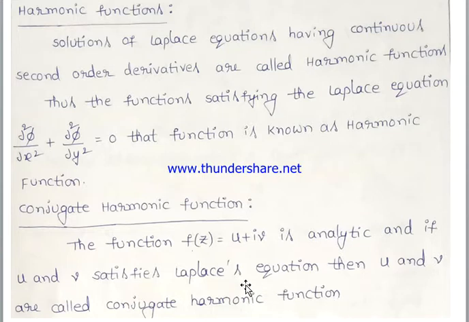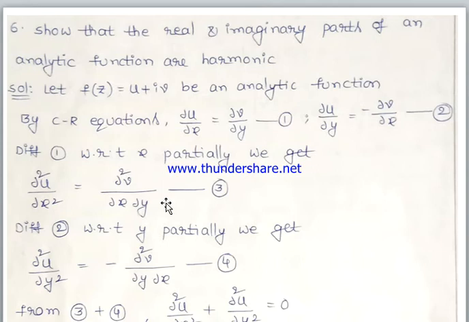It means that if f of z equal to u plus iv is an analytic function and u and v satisfy the Laplace equations, then u and v are harmonic functions, and if u satisfies the Laplace equation and v also satisfies it, then u is a conjugate of v or v is the conjugate of u. So these two are called harmonic and conjugate harmonic functions.